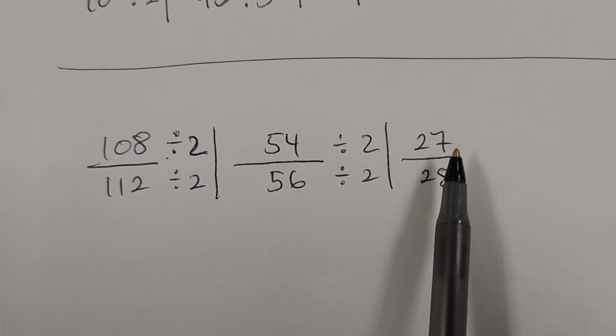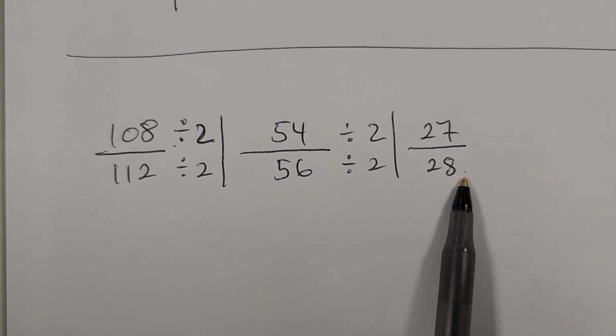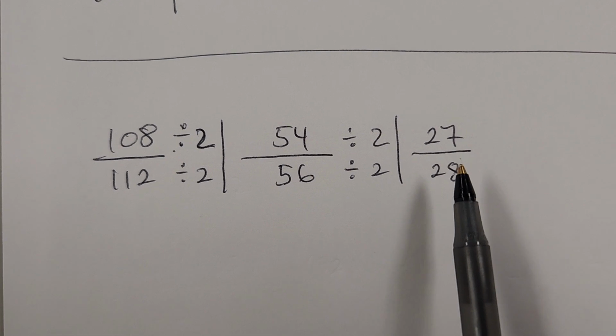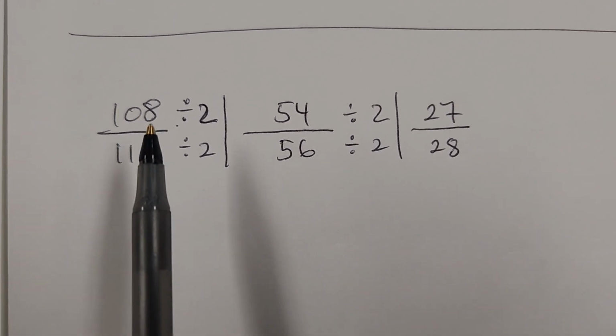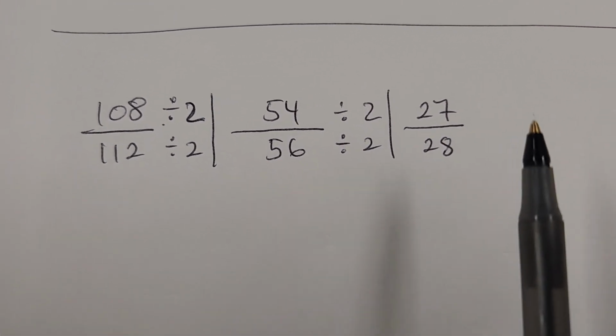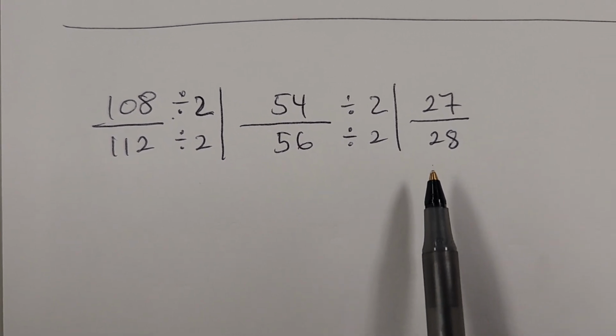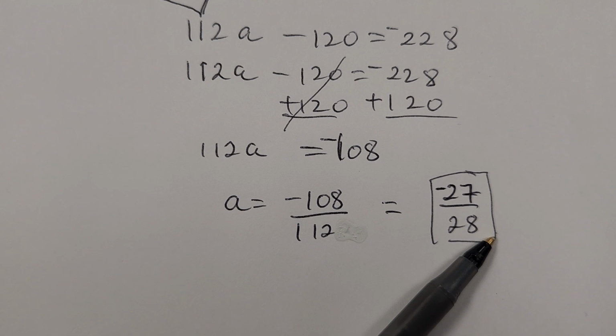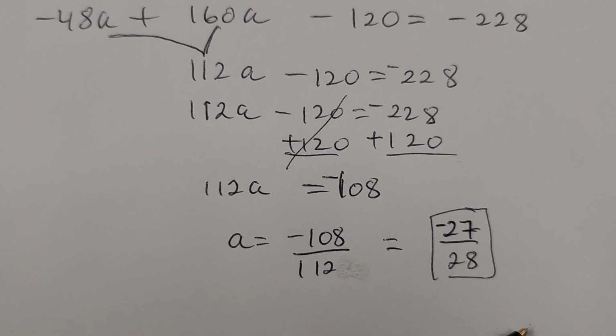So there's no number that can go into 27 and 28. So this is already completely reduced. Okay, so 108 over 112 is reduced to 27 over 28. And that's how I got the answer over here that is being reduced.